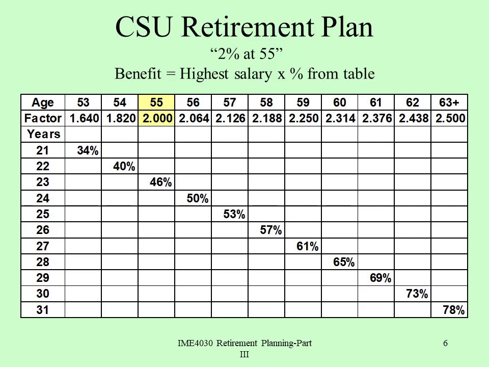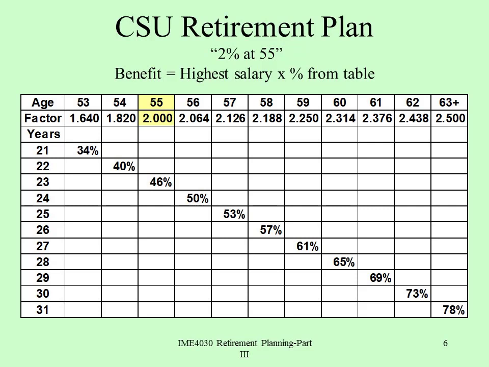So 2% times, say, 23 years of service would be 46%. And I'm using kind of my own case here. When I'm 55, I'll have 23 years of service, and if I choose to retire, I would get 46% of my final salary as my retirement.